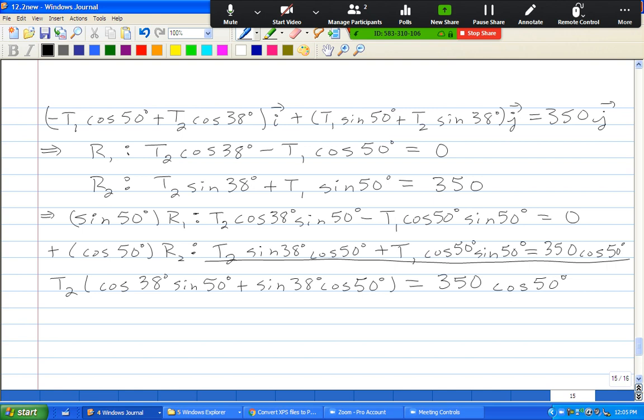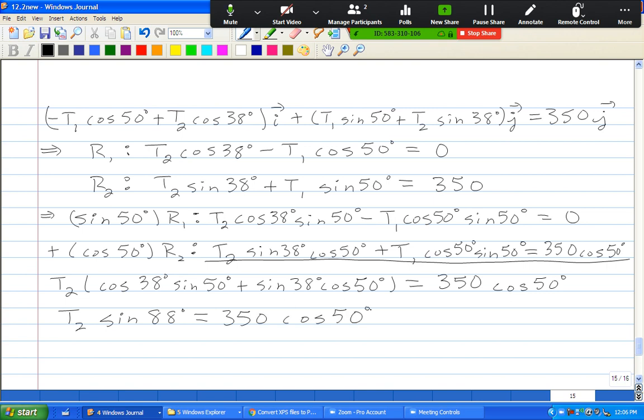Well, this is just the sum of, this will just be the sine of the sum of 38 and 50 degrees. So this is the sine of 88 degrees, times what's in the parentheses, equal to 350 cosine of 50 degrees.